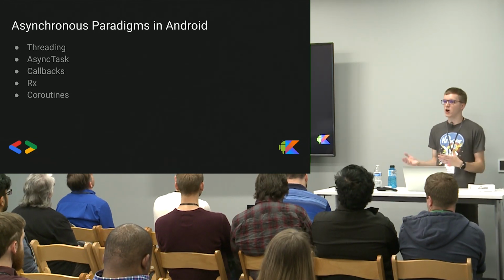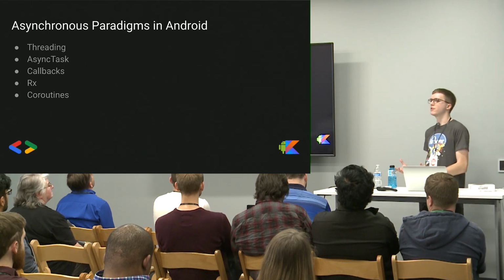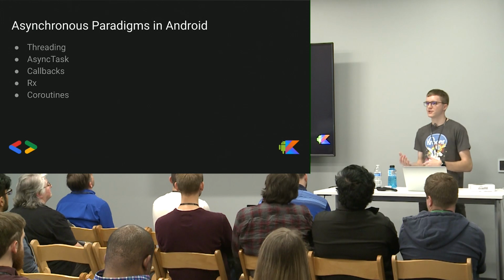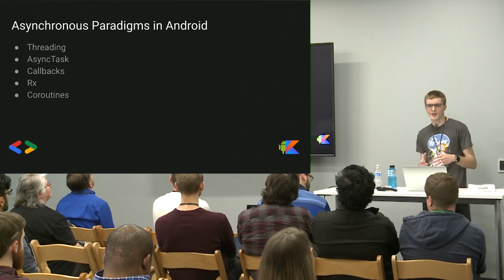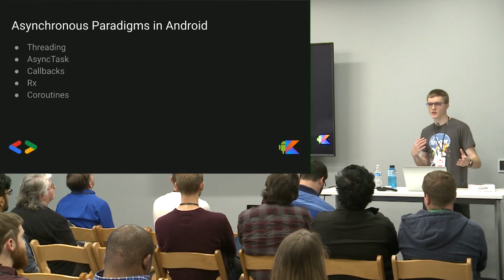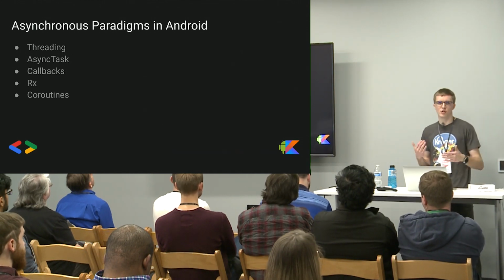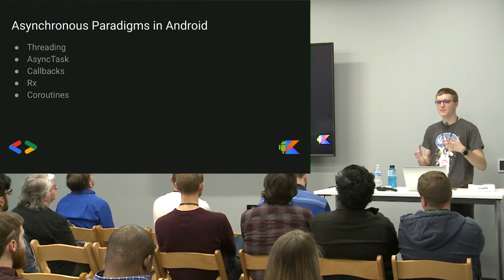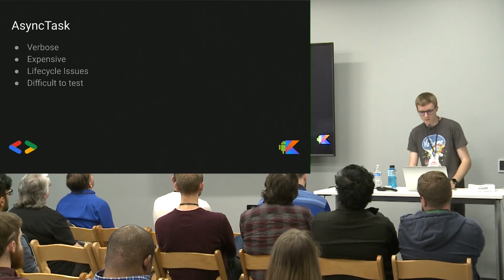And then, Rx is a completely different way of thinking about programming and architecting your app. While Kotlin does provide some of the tools to allow you to take that same approach, we're going to focus more on the conventional, top-down, sync blocking, reads-like-blocking-code kind of approach.